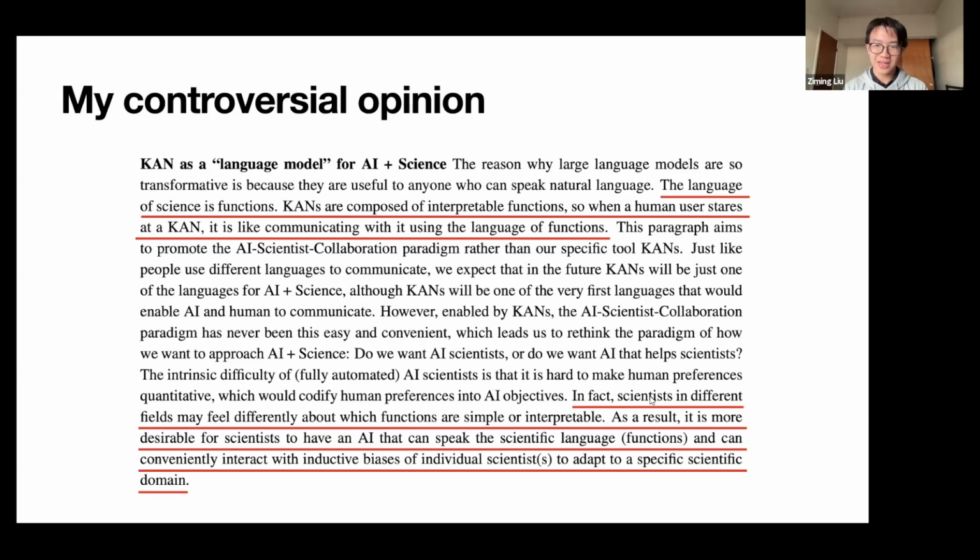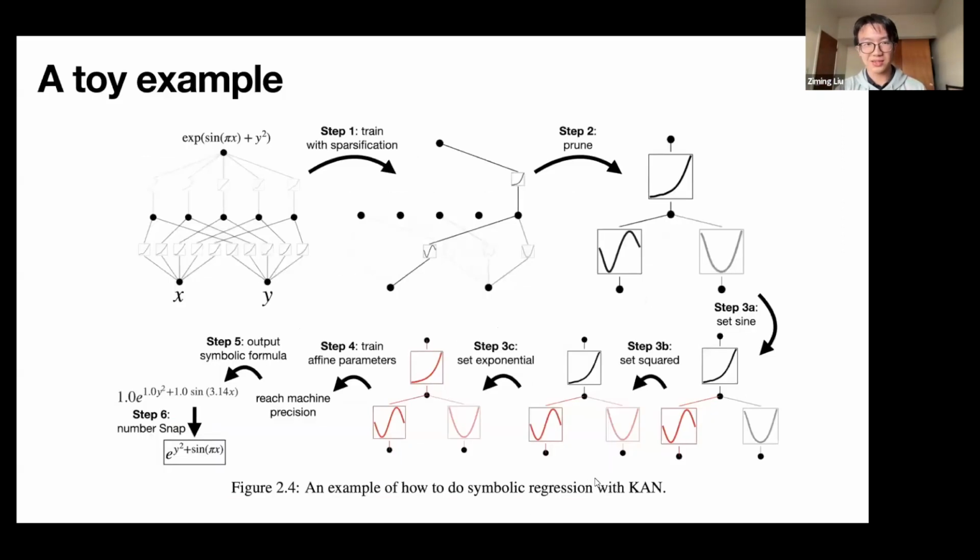Ideally we want KANs that humans can easily interact with. Not only KANs, but I more want to sell this paradigm: human scientists can interact with an interpretable and interactive AI so that they can jointly collaborate to discover something meaningful in science.